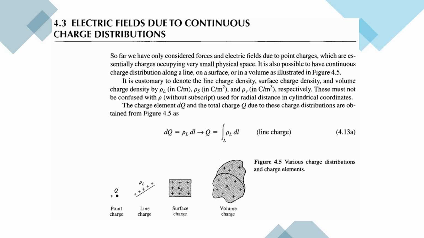And if you know the field due to one length L, then you can integrate again along the width direction, and you will get the field due to the area. And if you know the field intensity due to the area, then you can integrate over the volume direction, that is the height, and you will get the field intensity due to the entire volume.